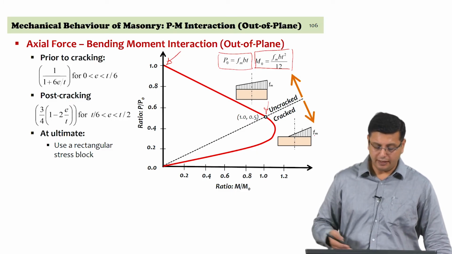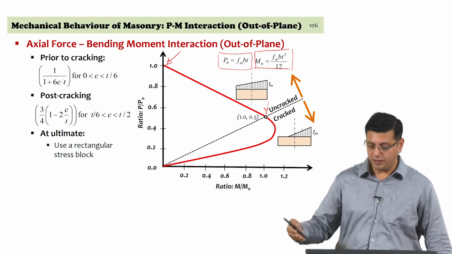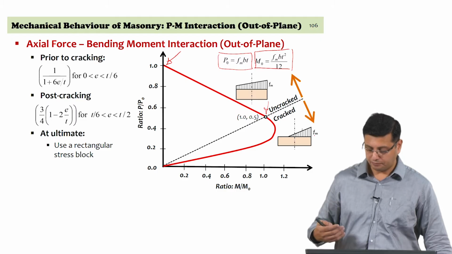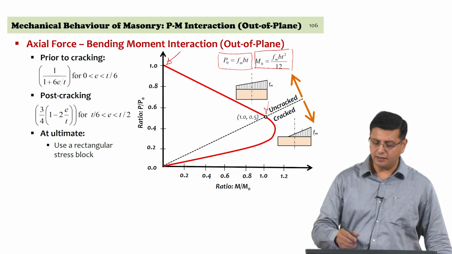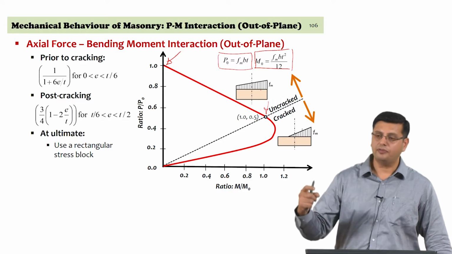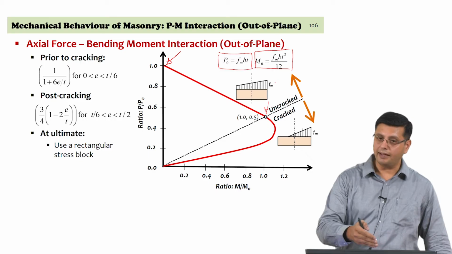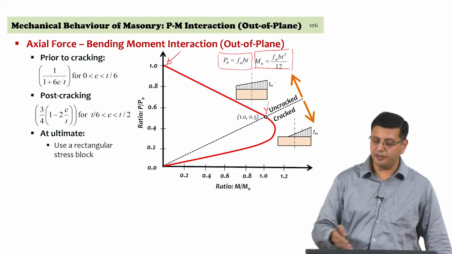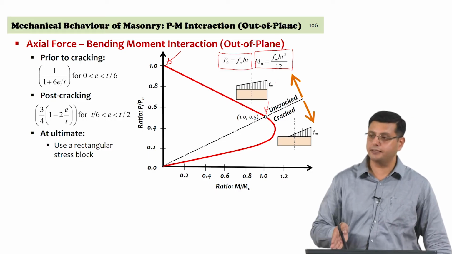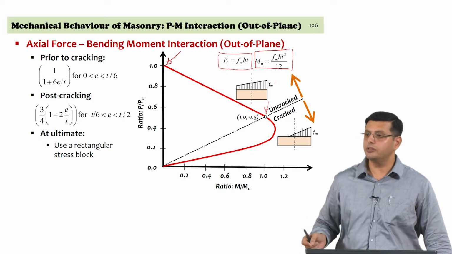So, this is a basic framework with which you can work to develop the axial force bending moment interaction. You can fix the level of axial stress to be equal to Fm, and look at different eccentricities from 0 eccentricity to the cracking eccentricity, and then beyond that start reducing the cross section.